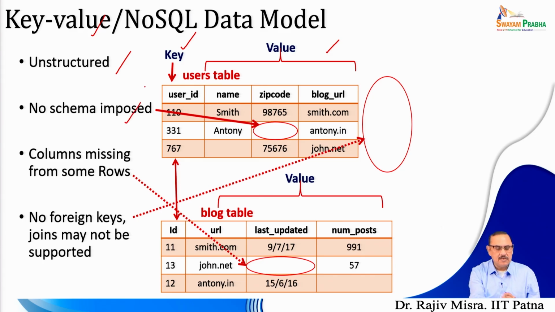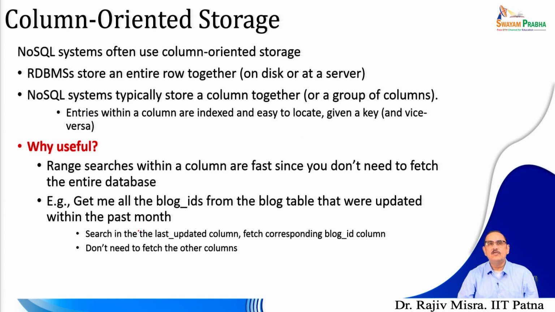There is no schema imposed, which means some of the row entries or column entries may be missing, and that is not a problem. There are no foreign keys present here, because joins are not supported. These are some of the functionalities of the key value store, which is very much needed in today's workload handling, let us say, IoT types of applications.